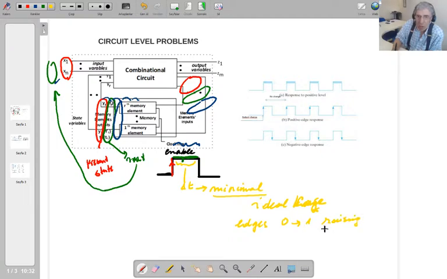We call it the positive edge as well. So the transition time interval here is minimal. It could be either this one or the 1 to 0 change, which is called the falling edge, or negative edge.